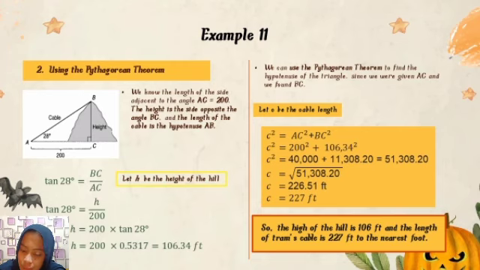Next, we can use the Pythagorean theorem to find the hypotenuse of the triangle, since we were given AC and we found BC. Let's find the cable length.